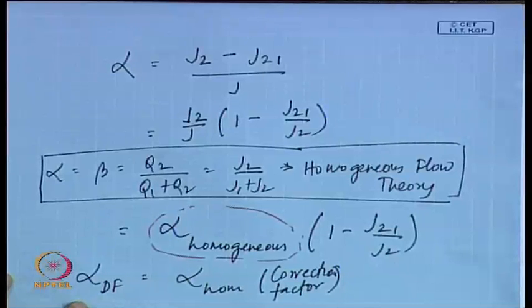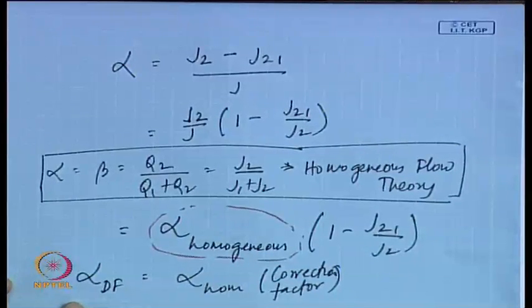Agreed with me? Now, we will find that similarly the drift flux model modifies all the mixture properties obtained from the homogeneous flow theory by incorporating a correction factor which is a function of J21 by J2, or J21 by J1, or J21 by J, as the case may be. It simply considers the relative motion in the form of drift flux, and incorporates it in the expressions of the different parameters.